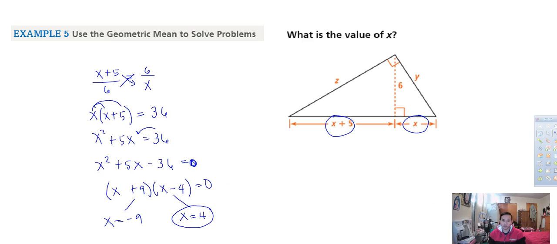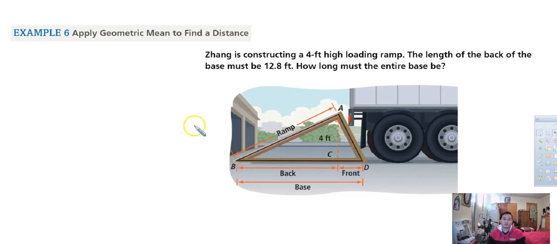Okay. Next question here is an application of geometric mean to find distance. Okay, Zhang is constructing a 4-foot high loading ramp. The length of the back of the base must be 12.8 feet. How long must the entire base be? Okay, so first we have to formulate. The ramp and the base form a long leg.